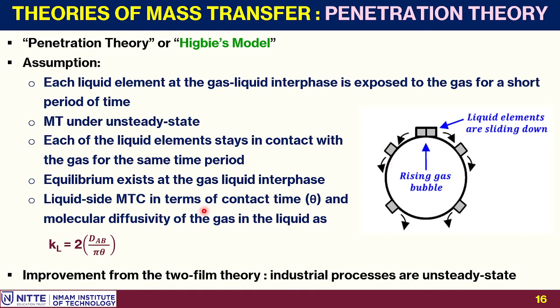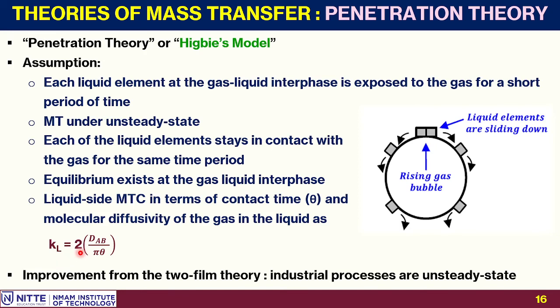The liquid side mass transfer coefficient is very important for us to analyze always, because that is the one which is limiting the whole overall rate. So the liquid side mass transfer coefficient in terms of contact time, how much time it is remaining here. It won't remain infinitely, it will remain for some time. So that time is theta, the contact time. That is related to the mass transfer coefficient KL and diffusivity using this equation.